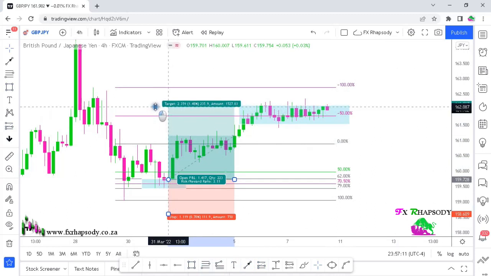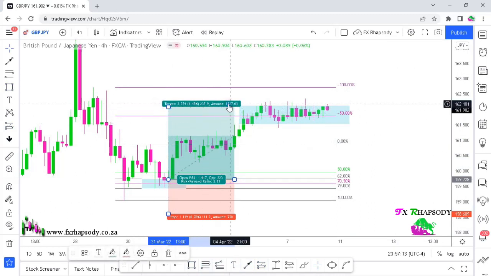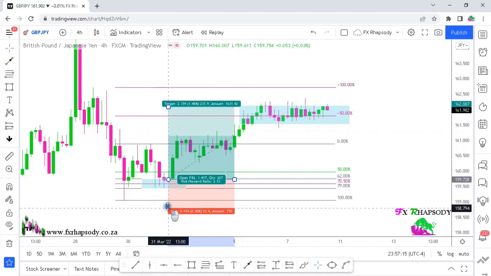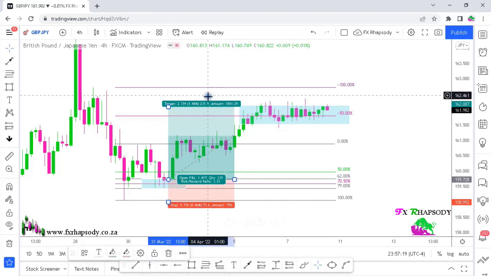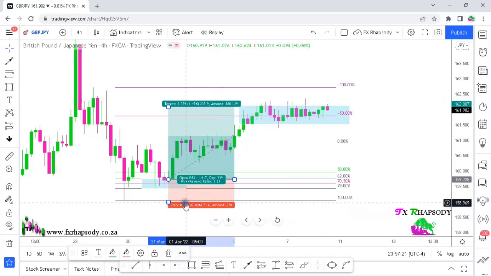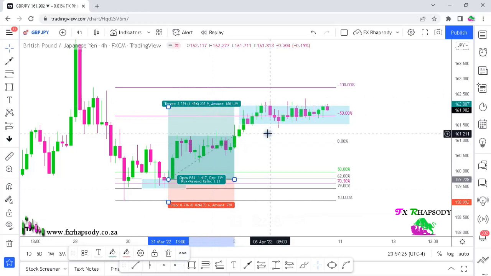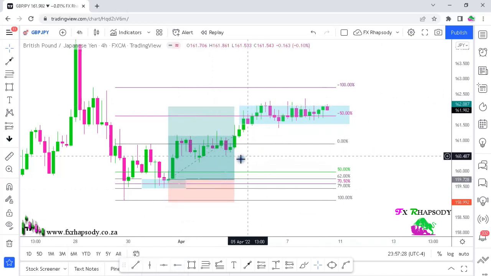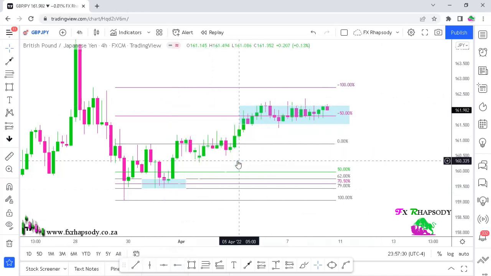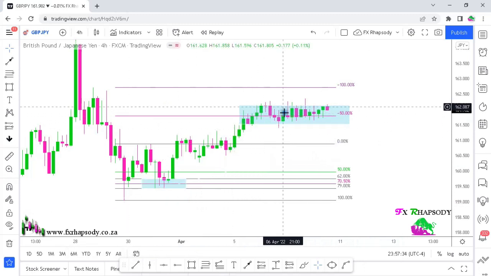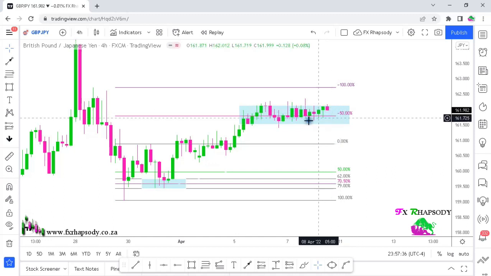Beautiful. It's currently sitting on a ridiculous amount. So swing traders, 73 pips risk that you would have taken for a nice 230, let's call it, pip reward. But in any case, you can see price hovering over that second take profit target area.